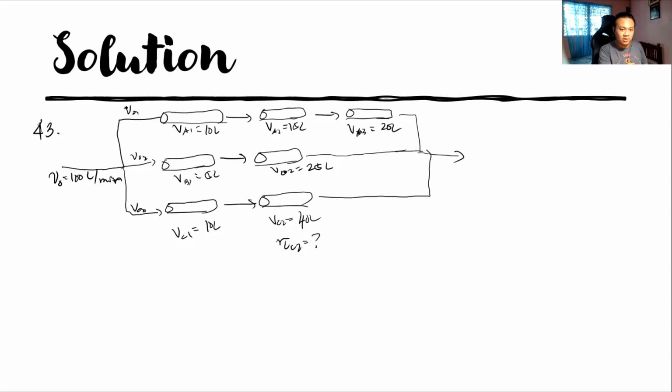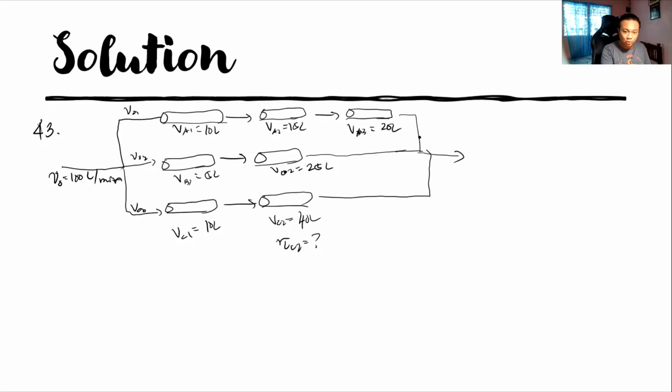So we know that VO1, VO2, and VO3 are just the constituents, just parts of the whole, right? So the whole flow rate is 100 liters per minute. But because of this configuration, we have to consider that the total residence time is similar to the individual PFR residence time.